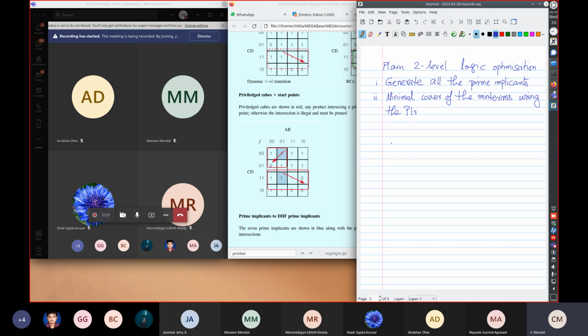So now we are looking at hazard-free. All right, so here, this step is the same.